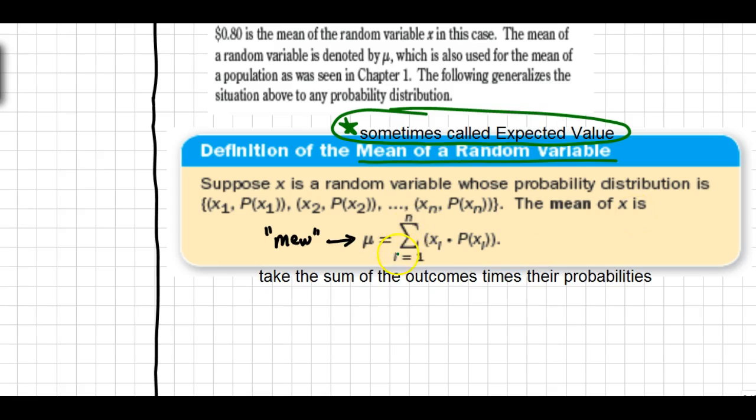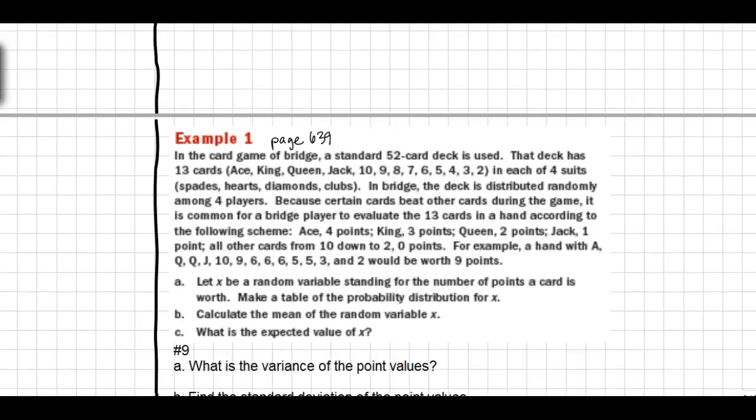You're going to take the sigma, which hopefully you remember means the sum, of all the x's, which are the outcomes, times their probabilities. So basically you're going to take the sum of the outcomes times their probabilities. That's all it means. Keep in mind here that the i's didn't really turn out very well on the reprinting here. So know that this is i equals 1, as the sum goes from 1 to n, of x sub i times its probability, p of x sub i. So let's see this formula in action.